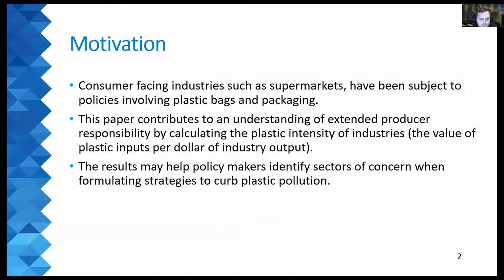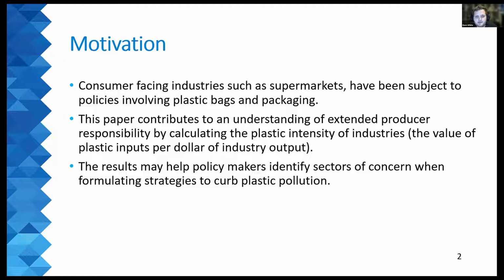The main motivation behind this paper is the negative externality which comes from plastic consumption, which comes in the form of plastic pollution. Policies to date focused on reducing plastic pollution have focused on consumer-facing industries, such as supermarkets, and focused on consumer-facing plastics, such as plastic bags and plastic packaging.